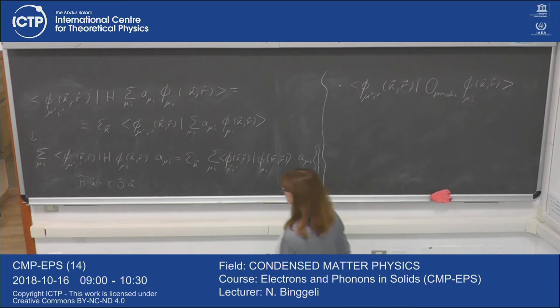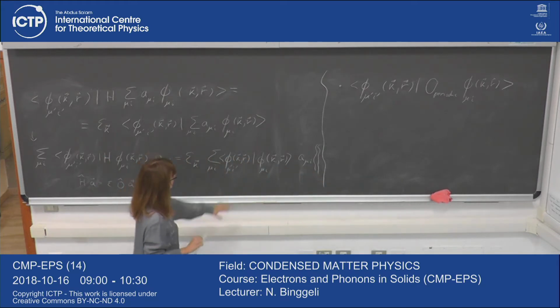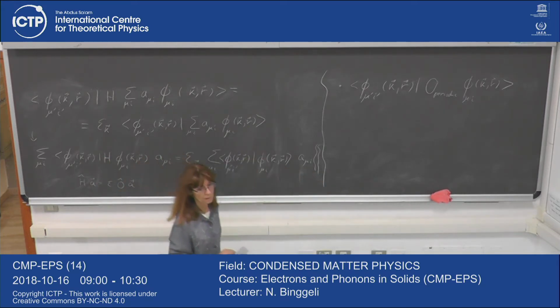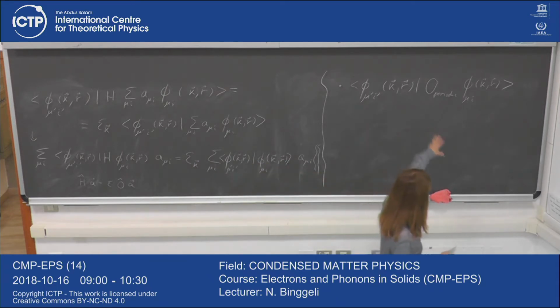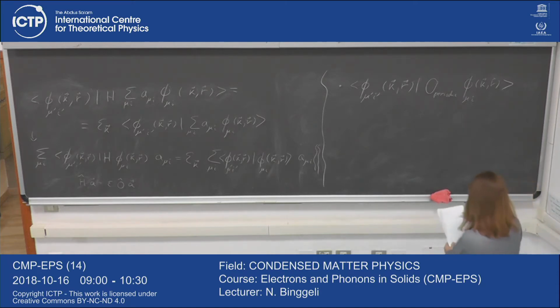So it's valid for the Hamiltonian and it's valid for the constant that I have. In both cases, I have to evaluate something of that type.